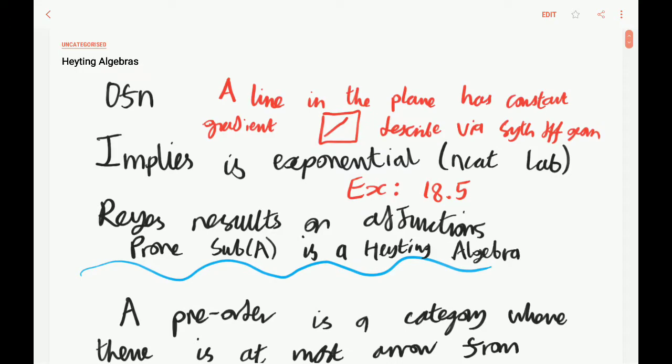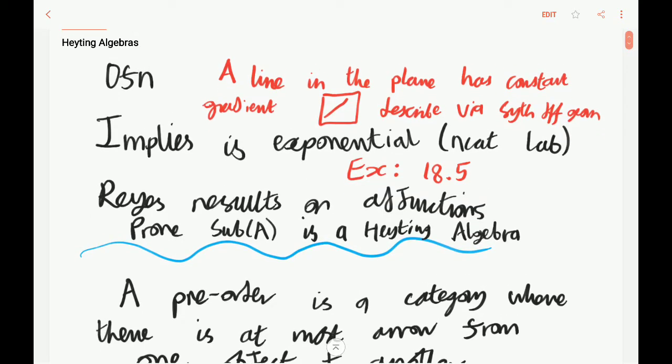And basically the idea is the objects there are monics, let's say sub-objects of our object A, and we draw an arrow from a sub-object L to a sub-object R if and only if L is contained in R. And we normally write this L less than or equal to R, okay?